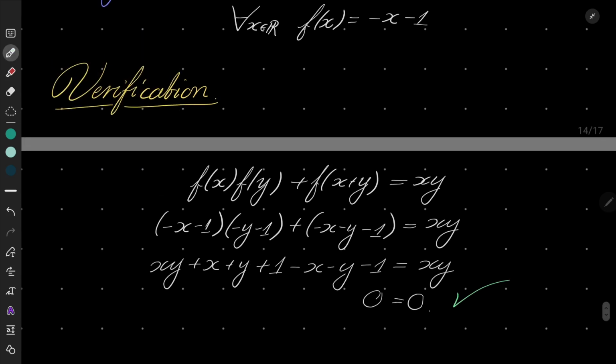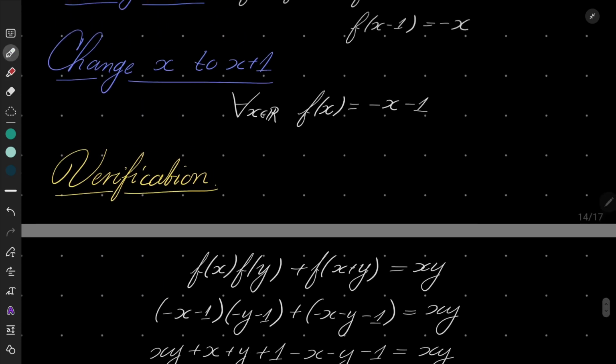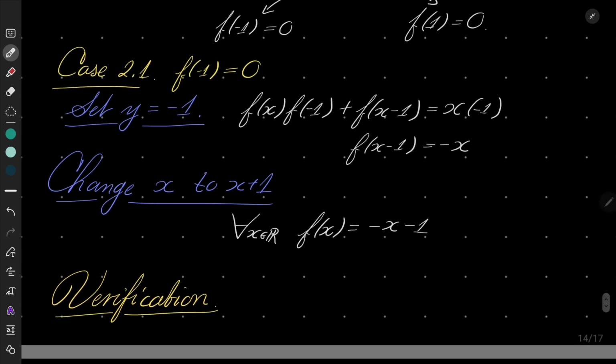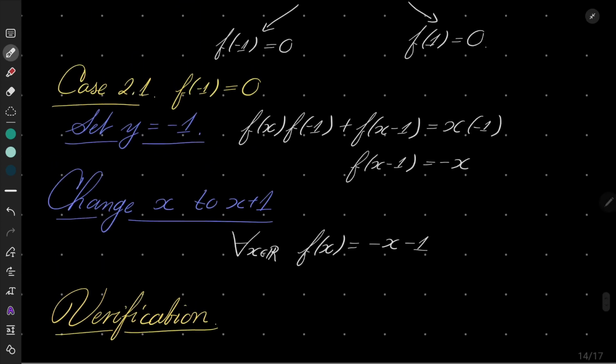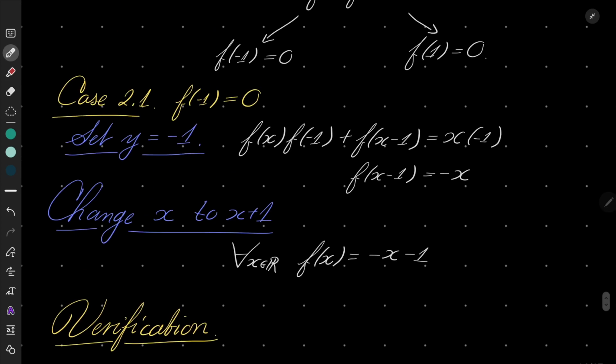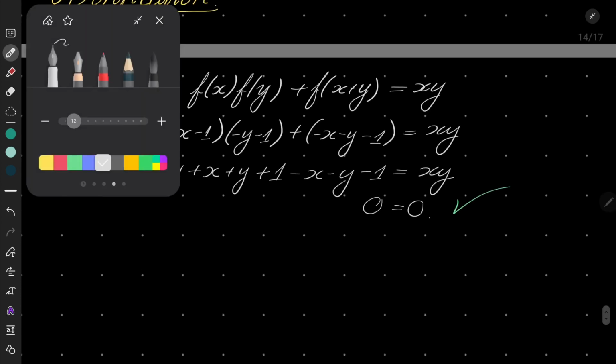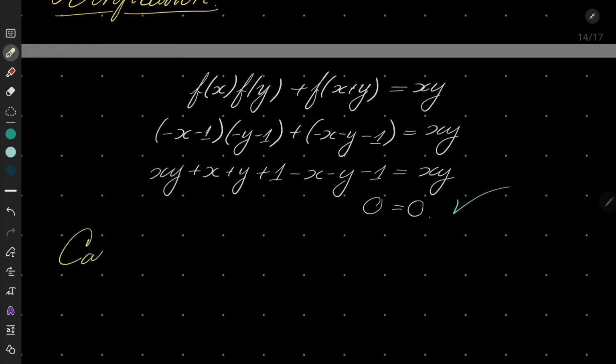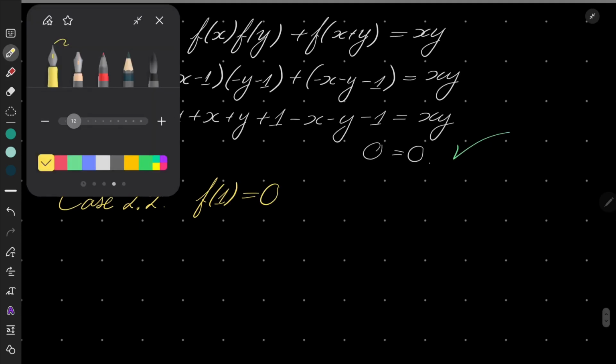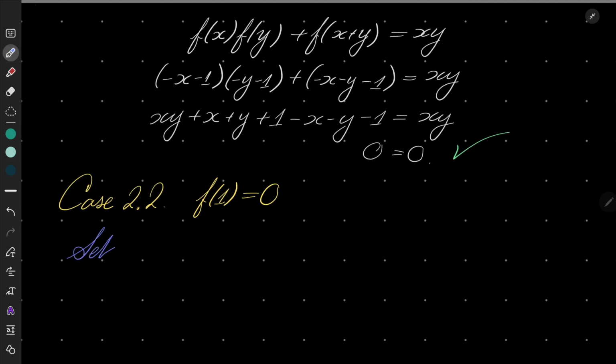Now, remember that that was case 2.1, where f(minus 1) equals 0. And now the second case, case 2.2, when f(1) equals 0. Let's set y to be 1.